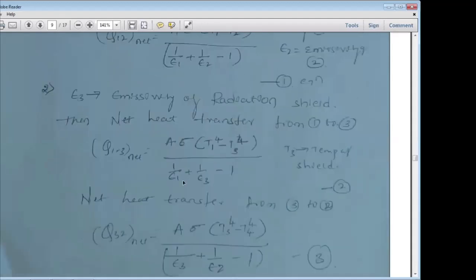Epsilon 1 is the emissivity of plate 1 and epsilon 3 is the emissivity of the radiation shield.